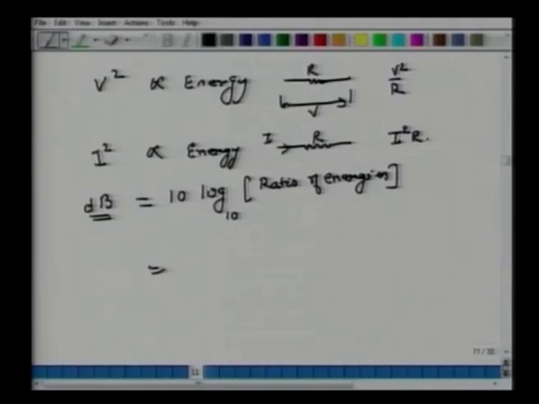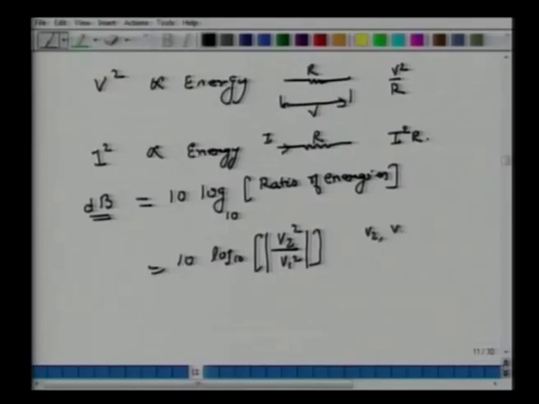And decibel is essentially defined as 10 times log of ratio of energies, and the log is on log 10 scale. So ratio of energies could be V2 square over V1 square, and I have to take the magnitude of it as this is log. And I can similarly have a relation for current also.